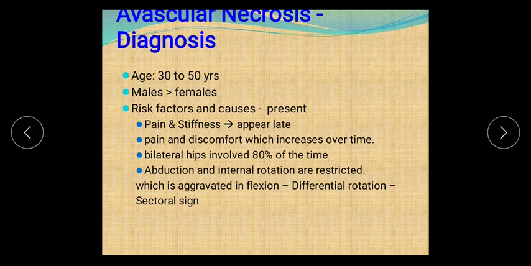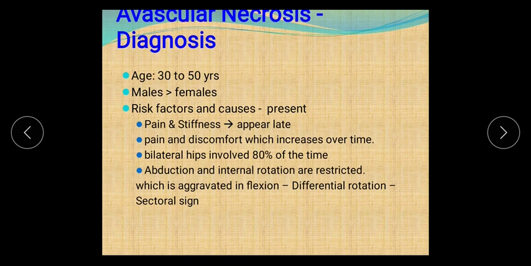Patient will have pain and stiffness. Stiffness appears late, and this pain and discomfort keeps on increasing over time. That is, it is progressive in nature, and it is bilateral. In 75 to 80% of the cases there is bilateral involvement.